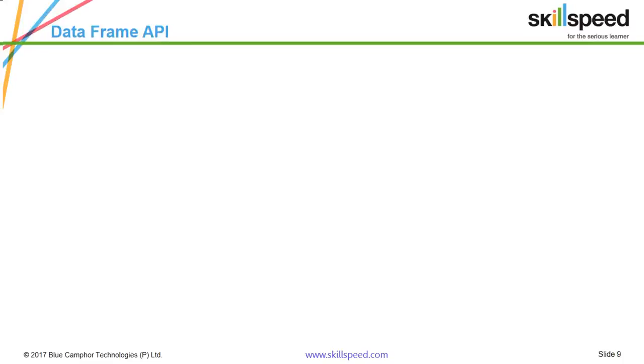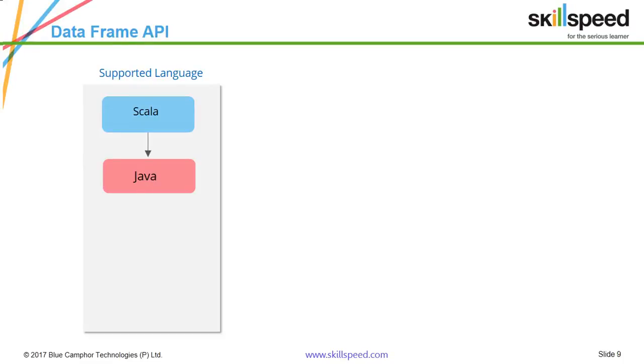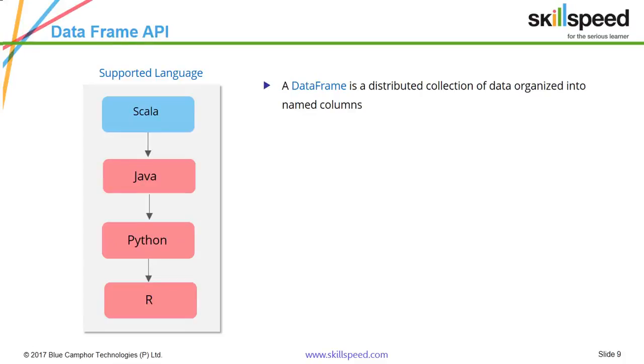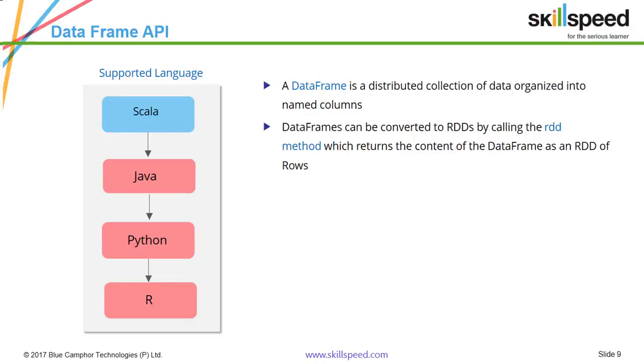Now let's look at the data frame API. So basically, the data frame API's job is to give a table-like structure to the data that you have read so that you can access the data using 4 commonly used programming languages: Scala, Java, Python, and R. And a data frame is nothing but a collection of row objects in named columns.